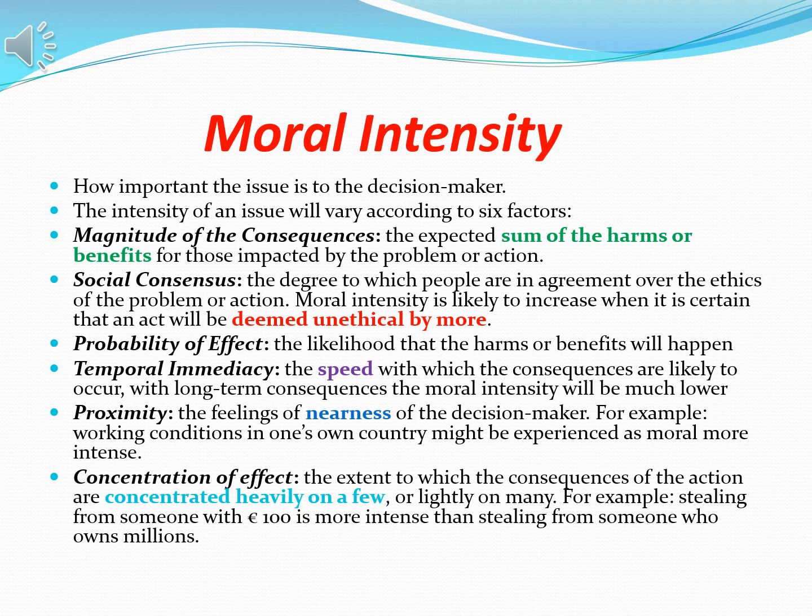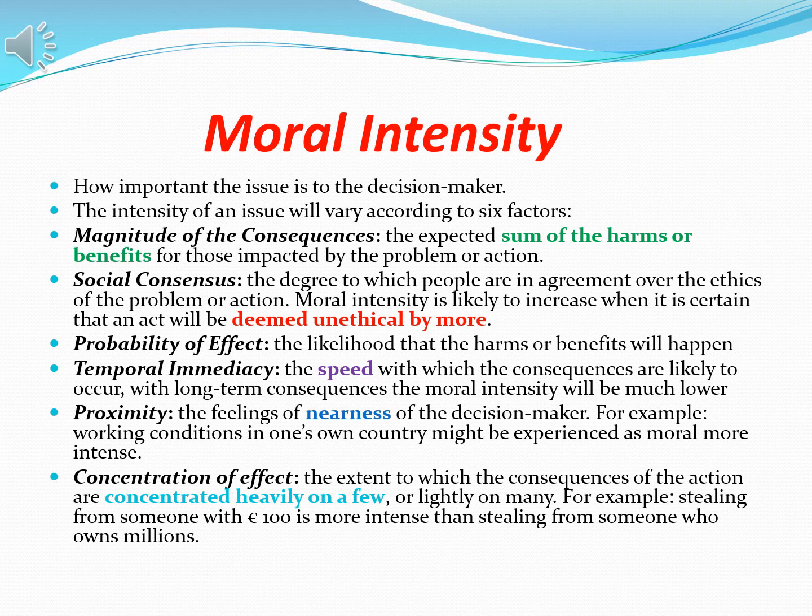We have the same thing in the individual factors. Next, probability of effect: the likelihood that the harms or benefits will happen. In the magnitude it was the amount, and here it is whether it will affect or not.